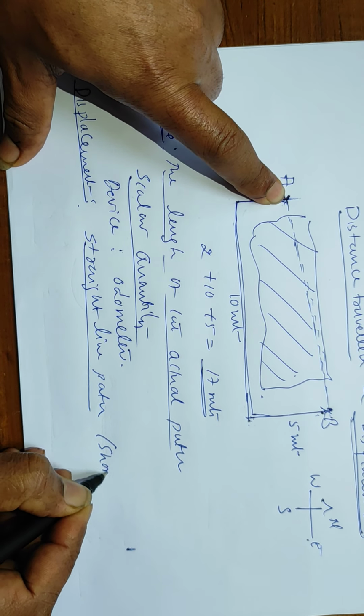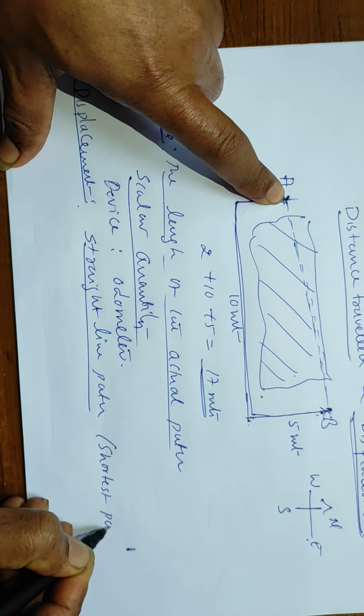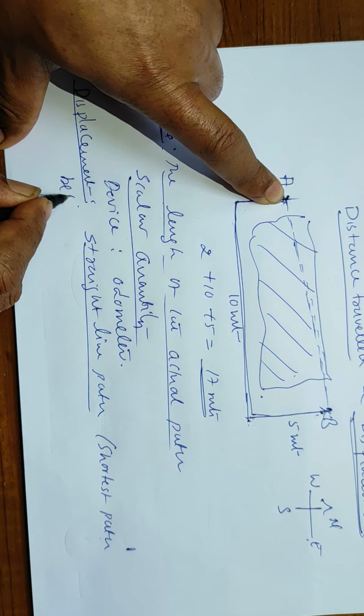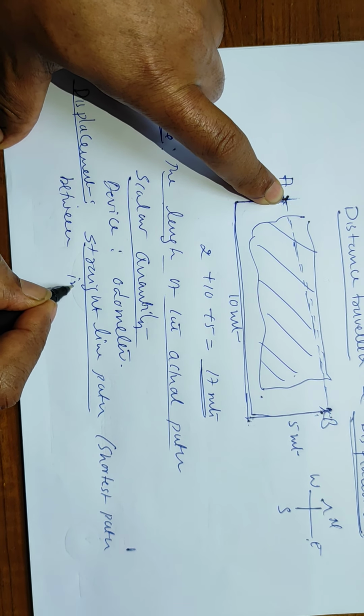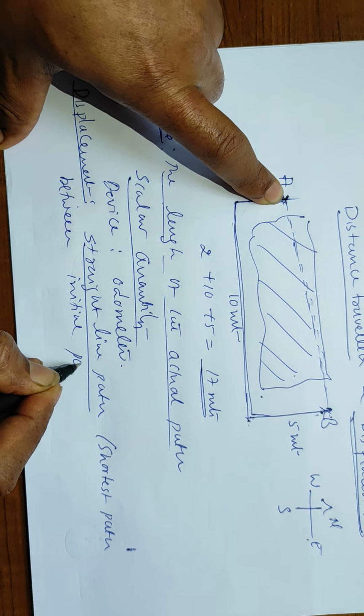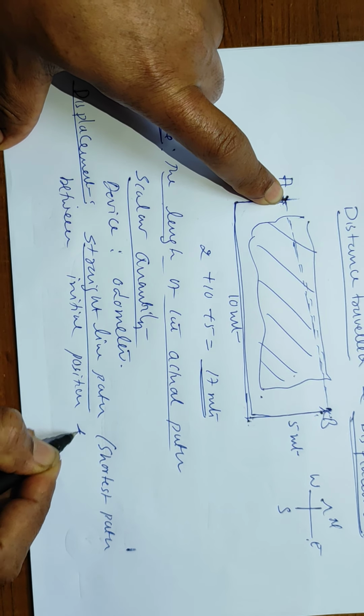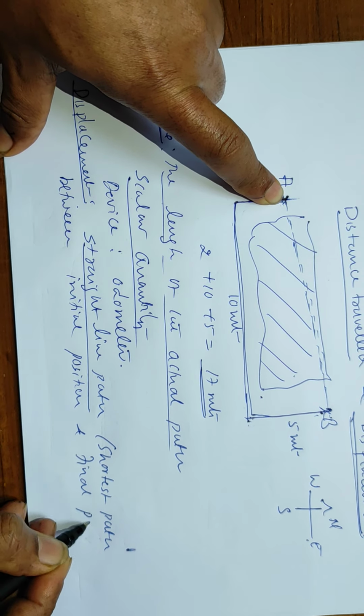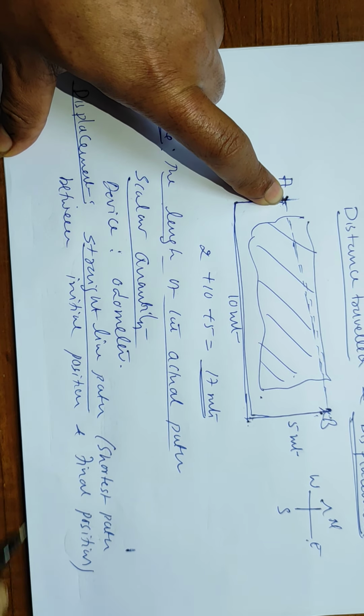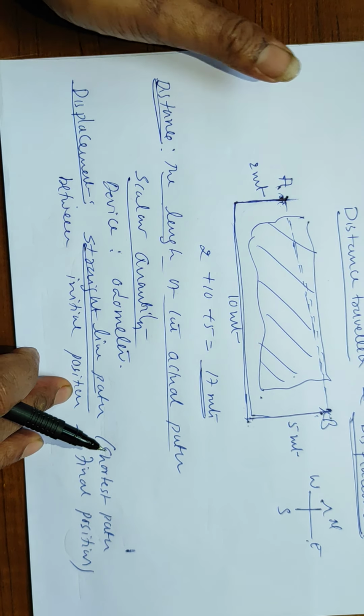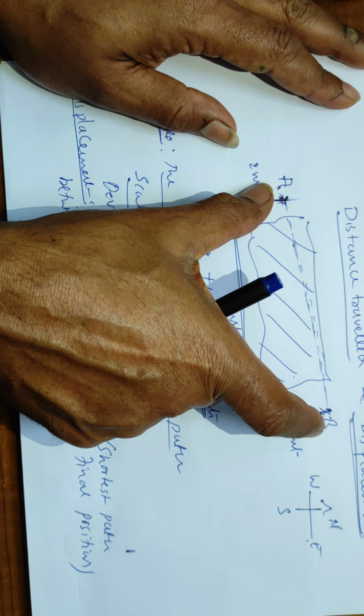You can say shortest path between initial position and final position, or you can say straight line path. This also can be measured.